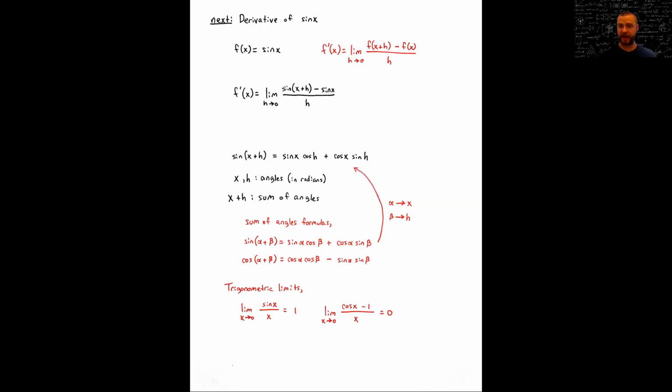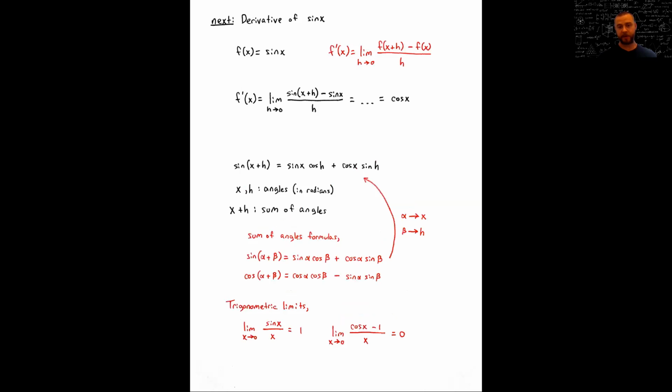Some of you might be interested in carrying that out in detail, but I'll tell you the end result of going through all that. The limit definition for the derivative of sine of x simplifies to cosine of x. So we apply the limit definition, we use a kind of forgotten trig identity, the sum of angles formulas, and we use a trigonometric limit.